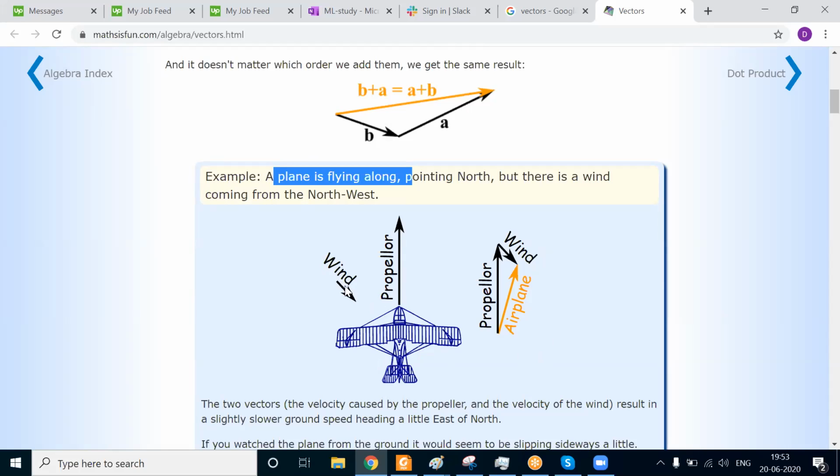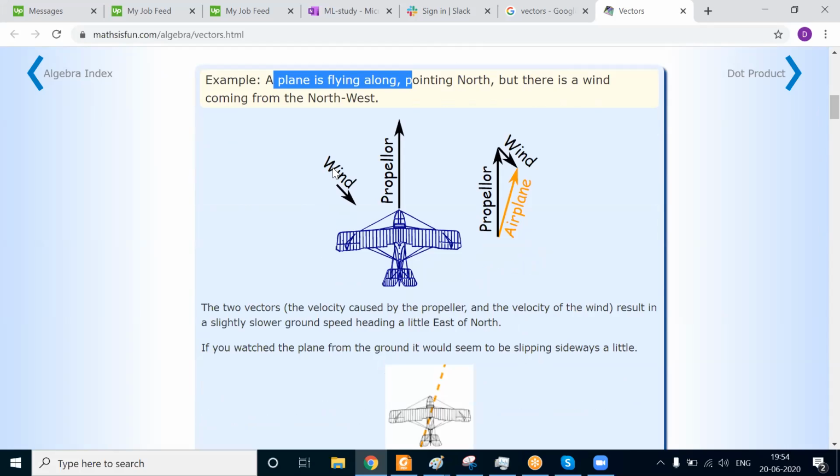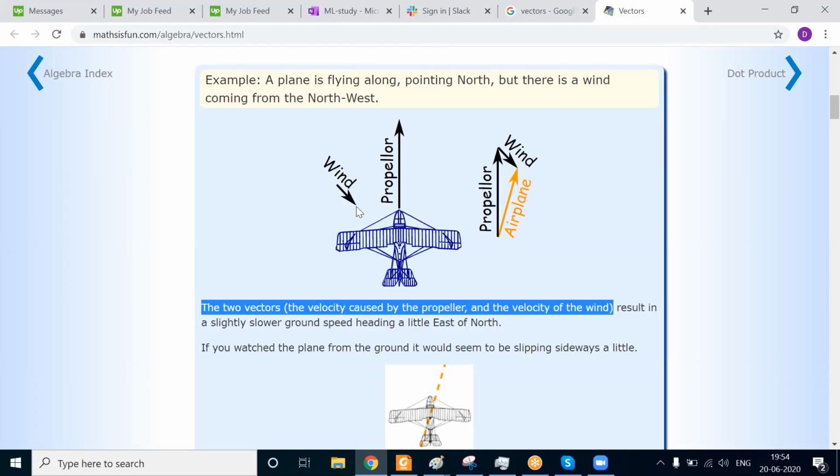Understand this: the two vectors are the velocity caused by the propeller and the velocity caused by the wind. The propeller has the power to go straight, and the wind has power to go in its direction, so the combined effect of both will make the aeroplane move at some angle, because the wind is also impacting the propeller. Are you getting it or no?